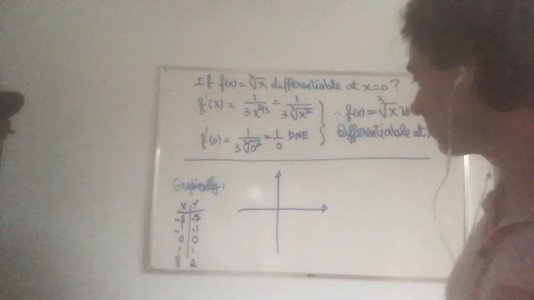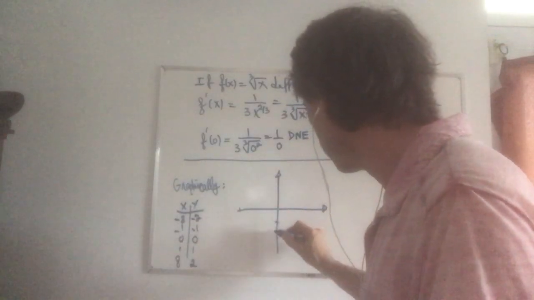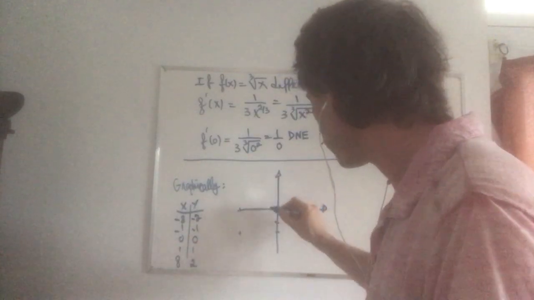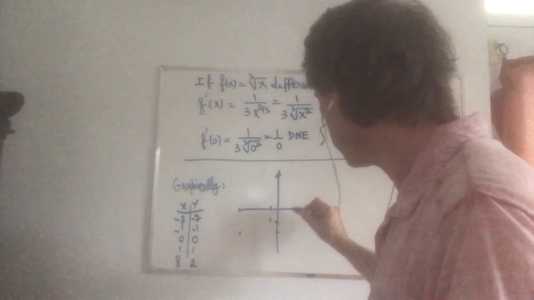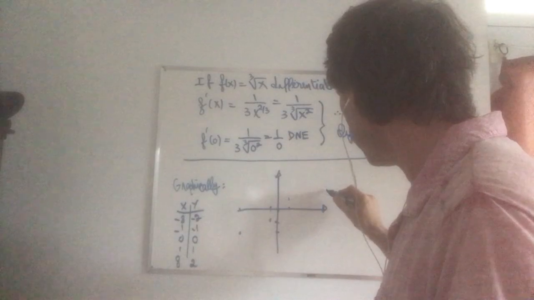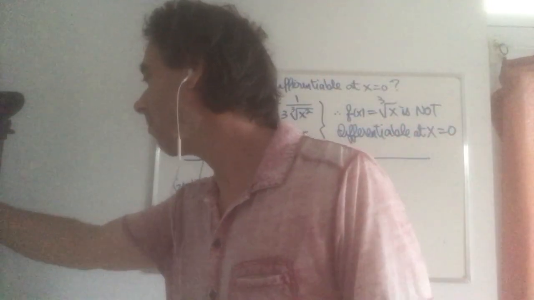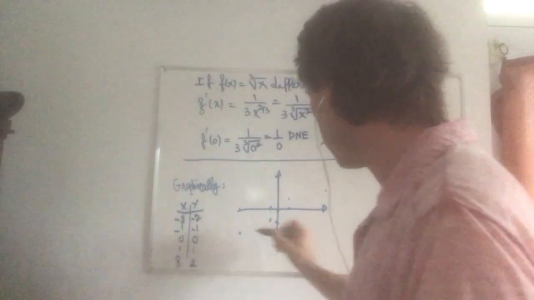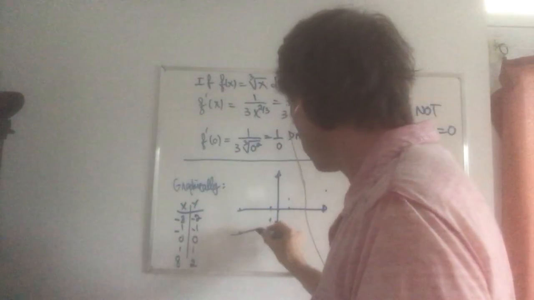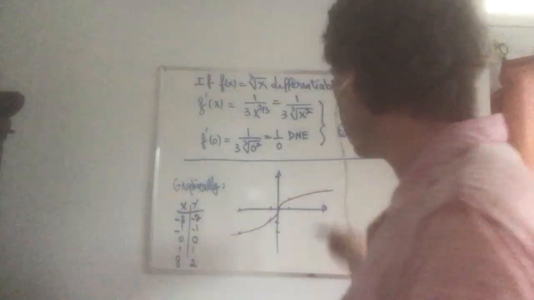What does that give me in terms of a graph? Well, -8, -2 is about here. -1, -1; 0, 0; 1, 1; 8, 2. This is a weird graph. It's going to look like this. Wow! Like that.